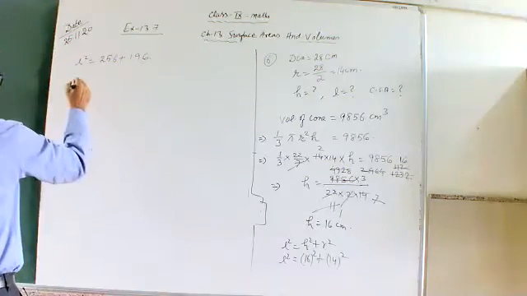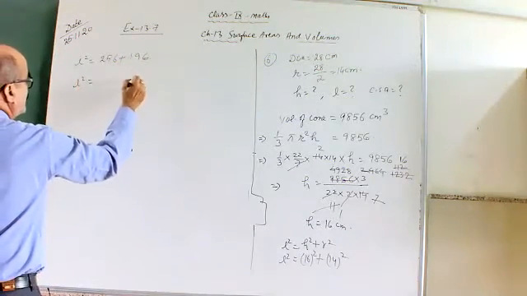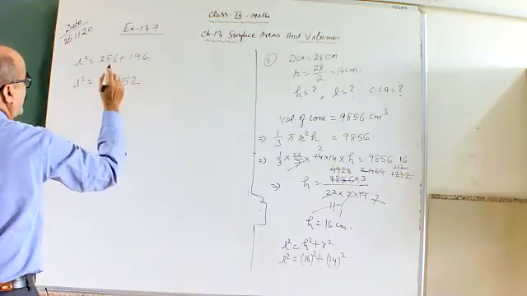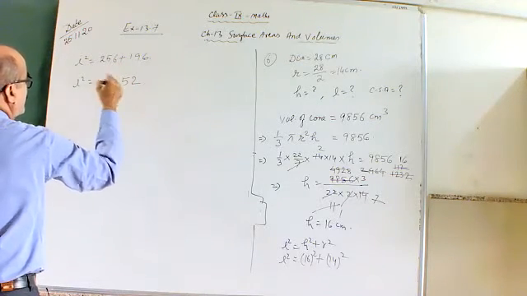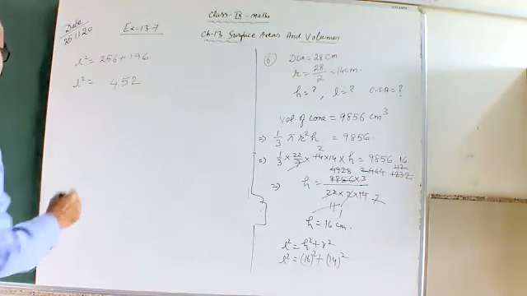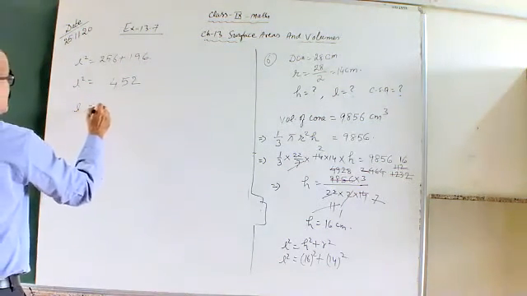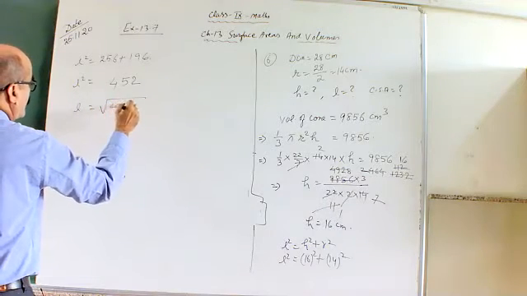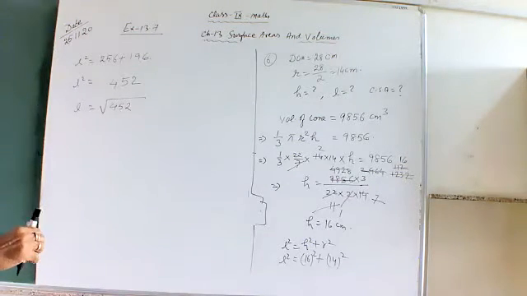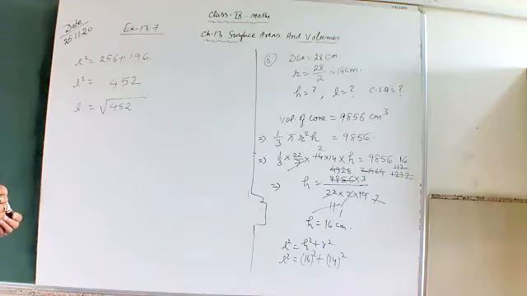So l square will be 452. Then l will be equal to under root 452. And checking whether we are correct or not, we find there is no perfect square of 452.